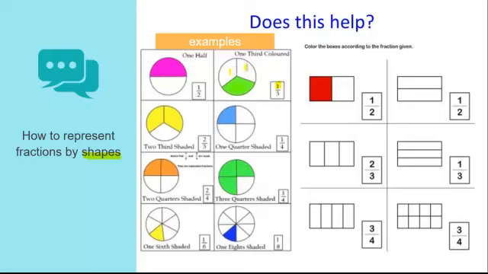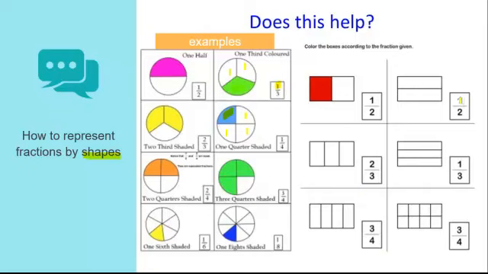And the whole parts are 1, 2, and 3. So I wrote 3 down. In this one, I shaded 1, so it's 1 up. Over the whole partitions are 1, 2, 3, and 4. So it's 1 over 4.